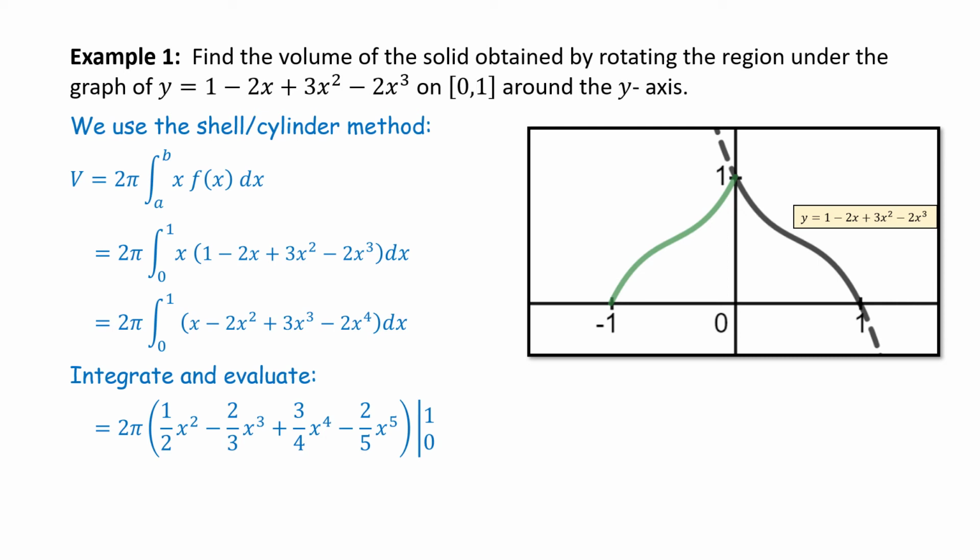That would be minus 2 over 5 x to the 5th, evaluated from 0 to 1.